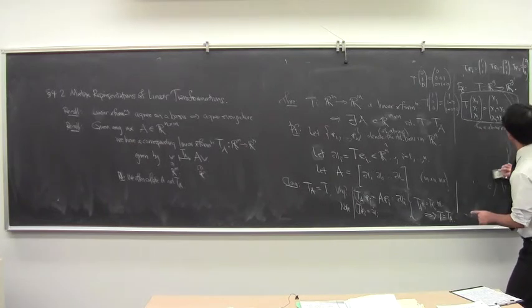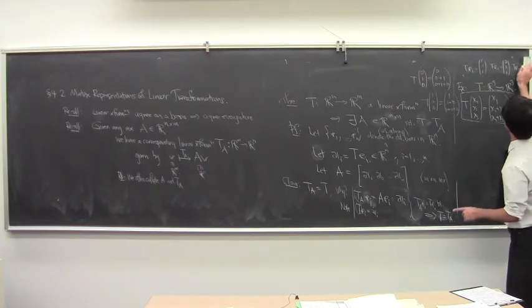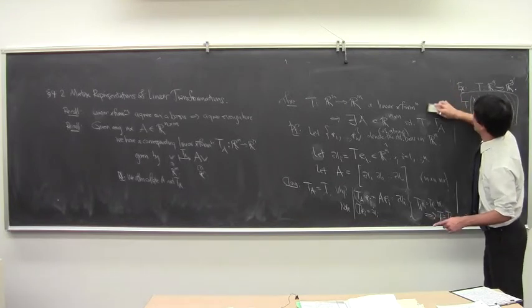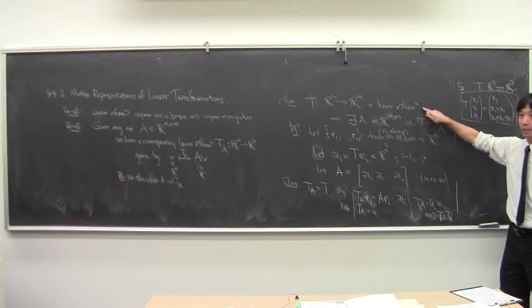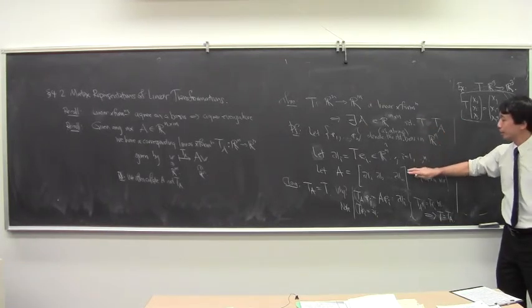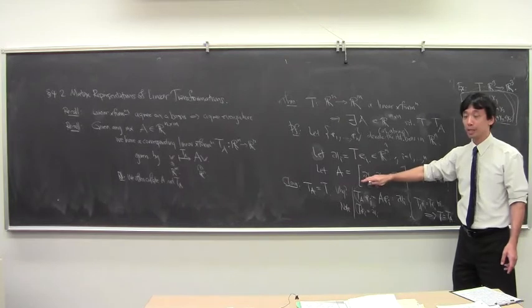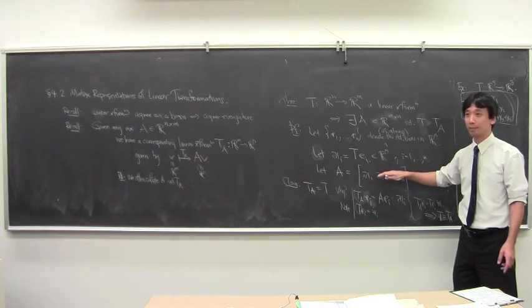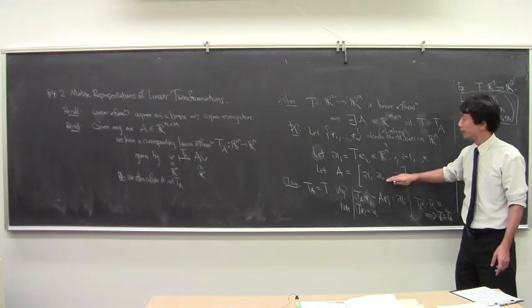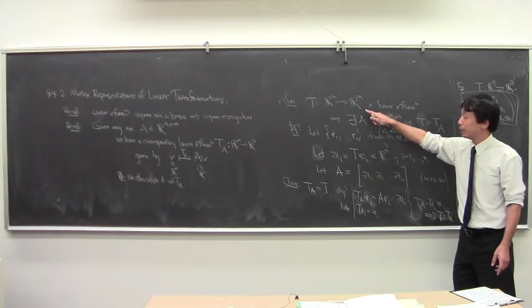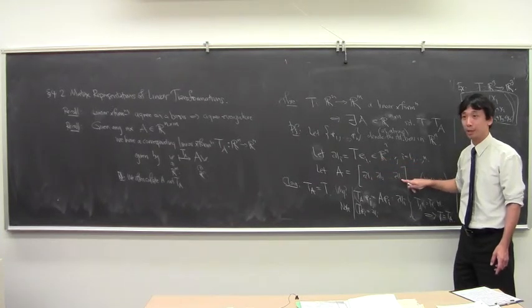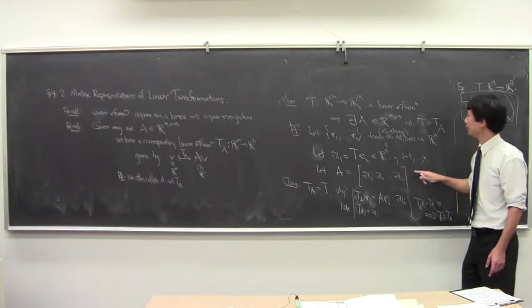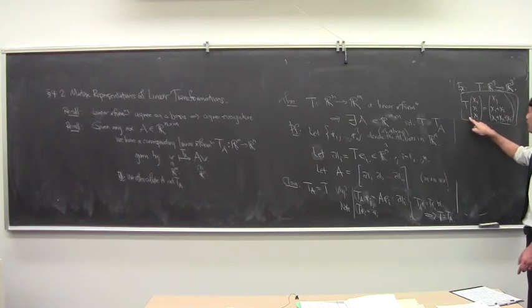Let me go back. We have this theorem, and it says that if you have a linear transformation, then there's some matrix that does exactly the same thing. You can find that matrix by acting with your linear transformation on the standard basis vectors, and then putting the results in a matrix. So here's my linear transformation. What matrix does it correspond to?